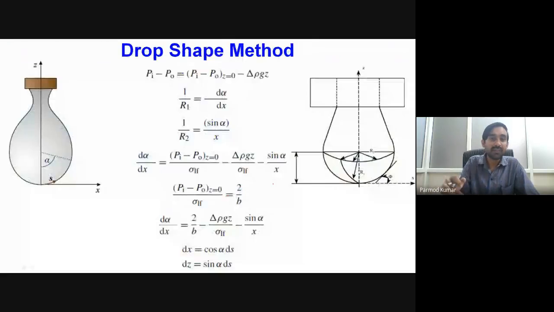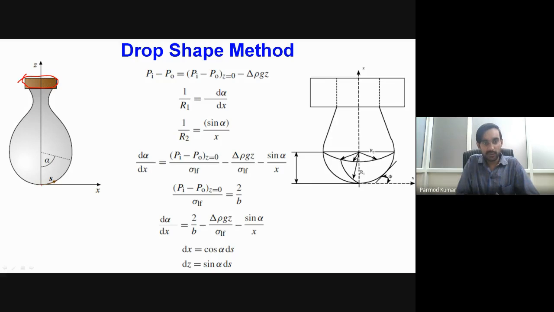So let us start first with the measurement of surface tension using the method of drop shape. We are considering a capillary, and to this capillary one droplet is hanging, and this type of droplet is referred to as a pendant droplet.